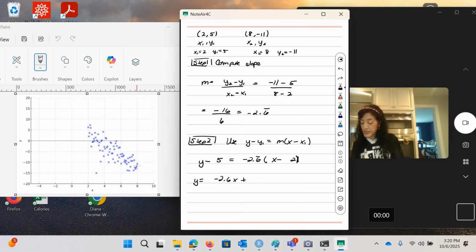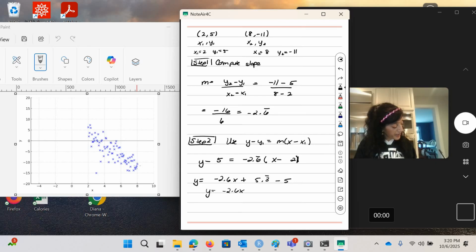Oh, I got to do this times 2, positive 5.3 repeating, and then minus 5. And so I get y is equal to minus 2.6x plus 0.3, 0.33. So I just did the arithmetic pretty quickly.